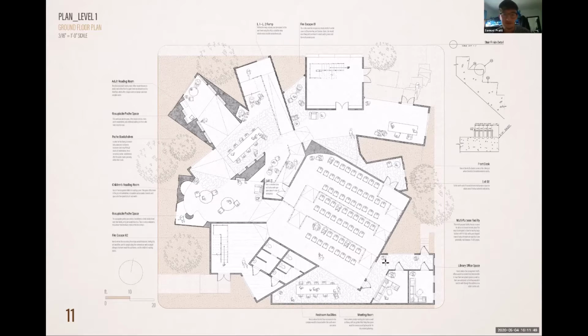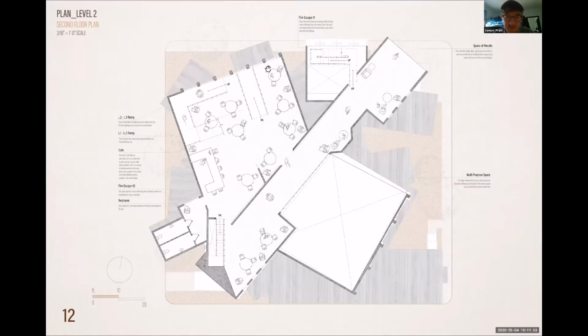And onto the second floor, up that ramp I mentioned before is the cafe. There's also another ramp to get to the third floor right here. And this long hallway connects both of the fire escapes, taking into account safety.